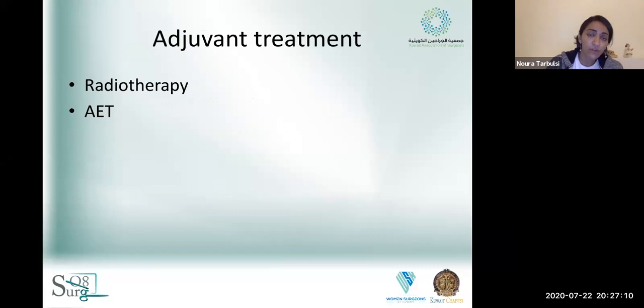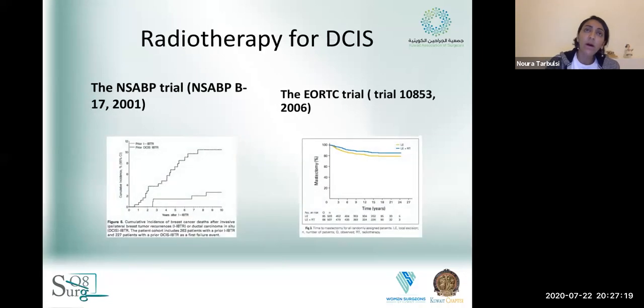So after surgery, what are the adjuvant treatments that we could offer? Radiotherapy and anti-estrogen treatment. So why offer radiotherapy after lumpectomy for DCIS? Many large trials over many years of follow-up have demonstrated that there is very good risk reduction in recurrence after radiotherapy for lumpectomy.